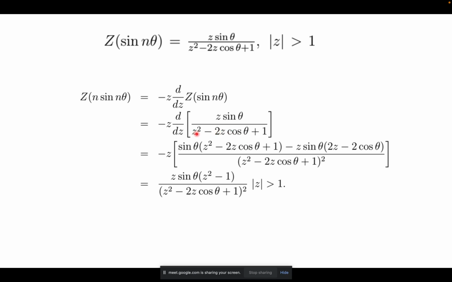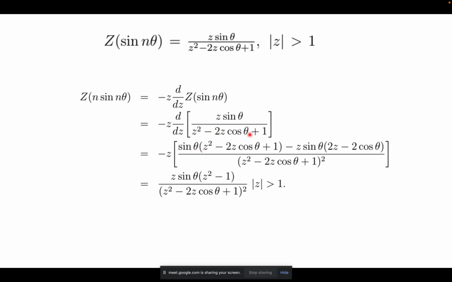So basically you first take the derivative of the numerator z by keeping the denominator constant, and then you take the derivative of the denominator by keeping the numerator constant. Here I have done the same thing. So minus z times sin θ, which is not a function of z, so it will come on both sides.